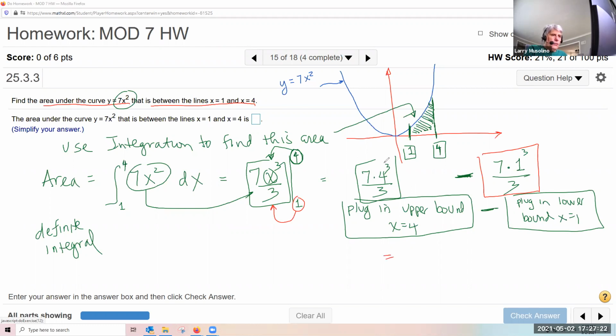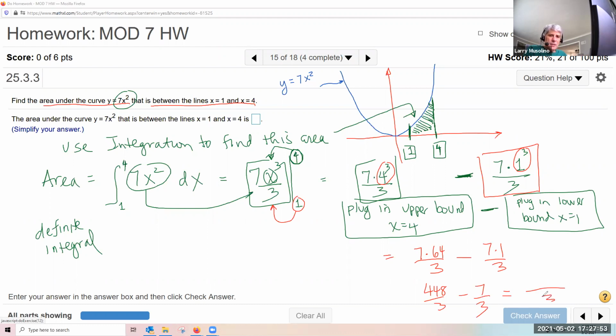All right, let's see. 4 to the exponent 3 is 4 times 4 is 16 times 4 is 64. So that's going to be 7 times 64 over 3. And 1 to the third is just 1. So that's going to be 7 times 1 over 3. Well, 7 times 64 on my calculator is 448 over 3 minus 7 over 3. I'll just subtract these fractions.